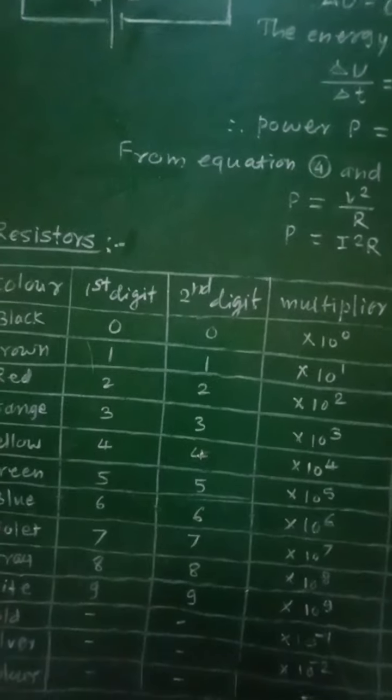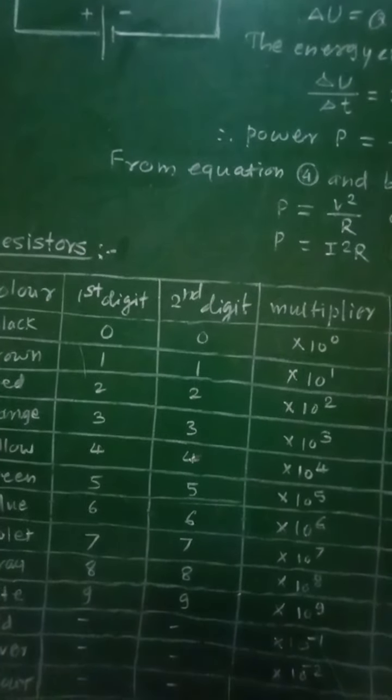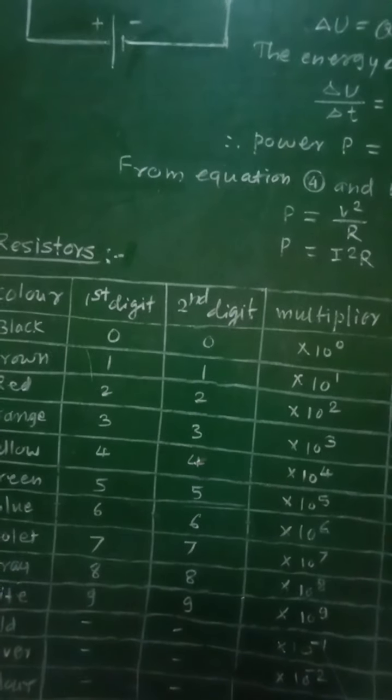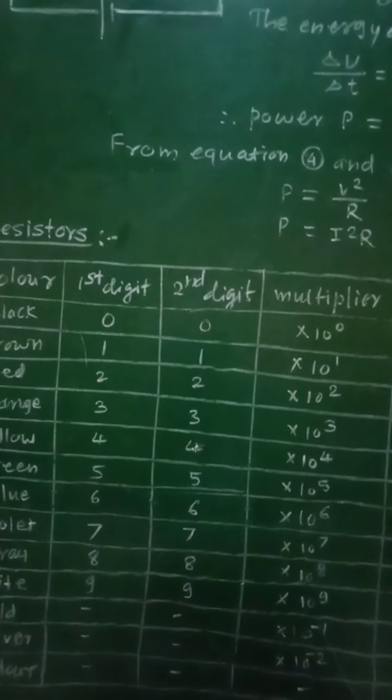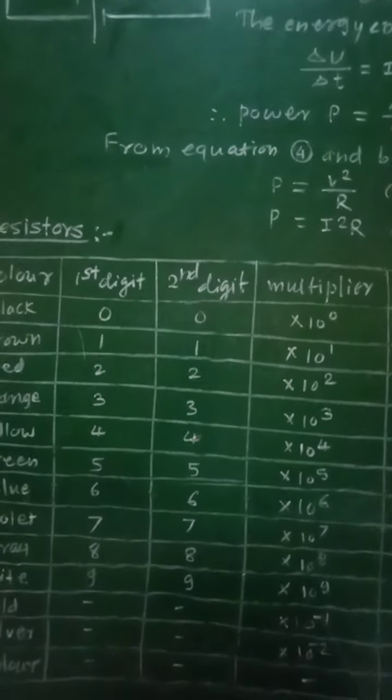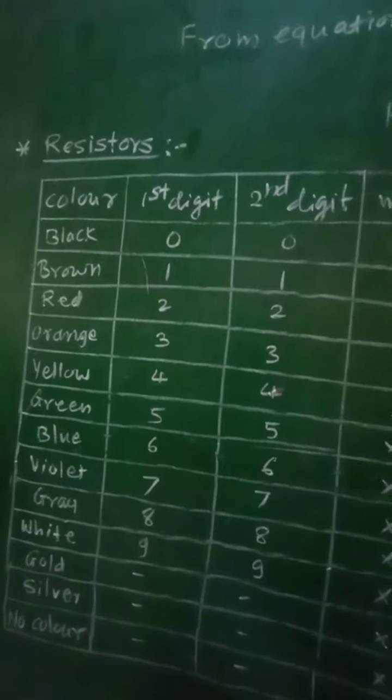Now the value of these resistors can be calculated by using the color code method, in which color rings are marked on the body of these carbon resistors. So let us see the procedure to find the value of any given resistor by using the color code method.